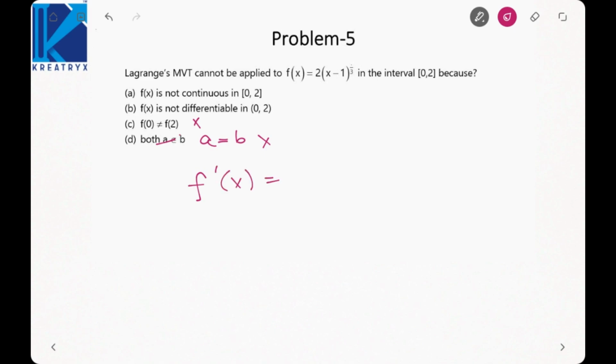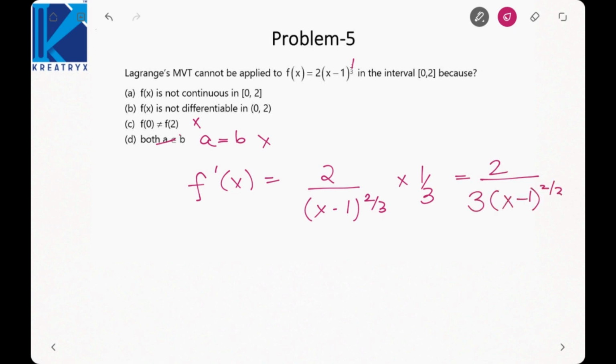Its power is 1 by 3, so the derivative will come out to be (x minus 1) raised to the power 2 by 3 into 1 by 3. That is, it will be 2 by 3 (x minus 1) raised to the power 2 by 3. This will be my derivative.